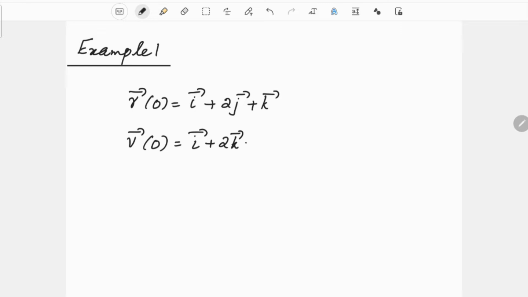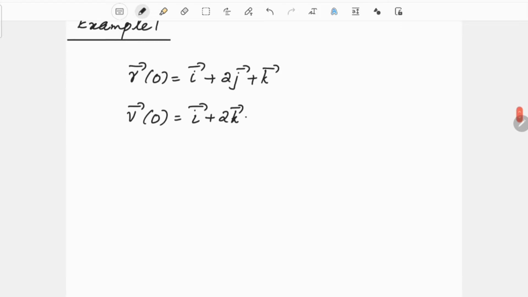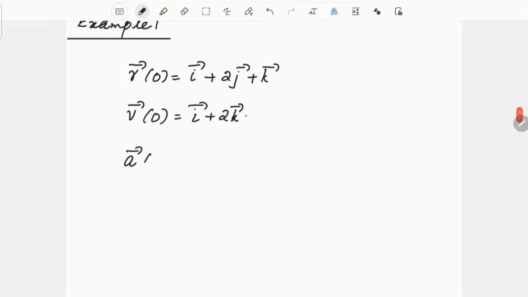Its acceleration at time t is a(t) = 6t i + j + 2k. Now we have to find its velocity and position at time t.